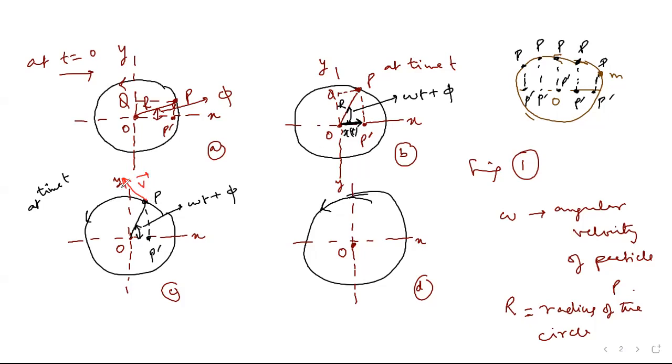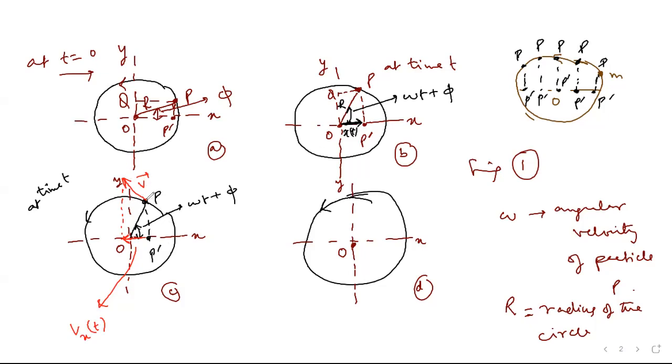And its projection on the x-axis, this length, will give me the velocity of P prime. So I call it Vx of t, which is simply the x component of the velocity vector v.